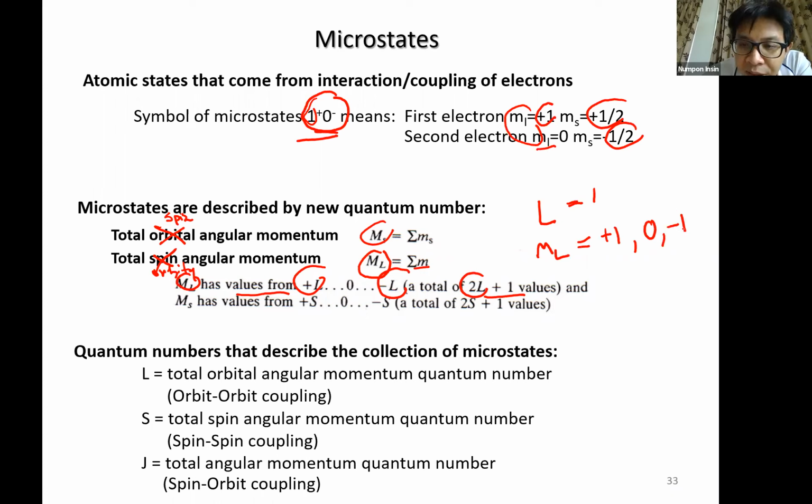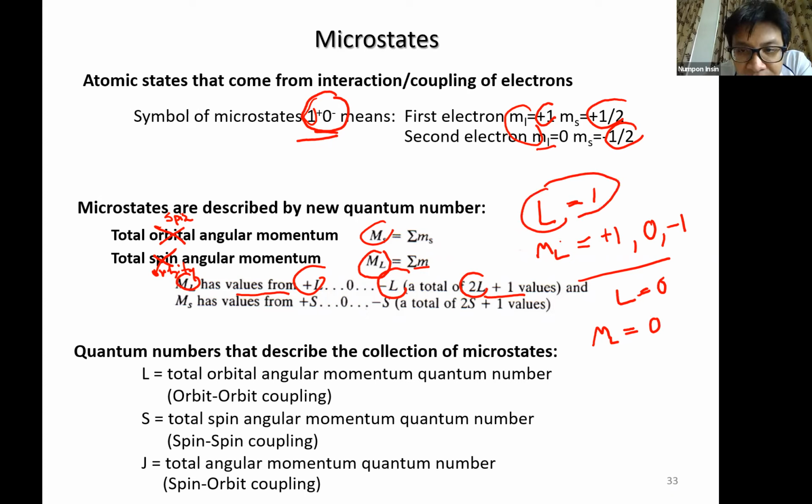Or if your L value is 0, it means the system has just ML of 0. So this is the L. L comes from the range of the ML, and the capital ML comes from the sigma of the small ml.